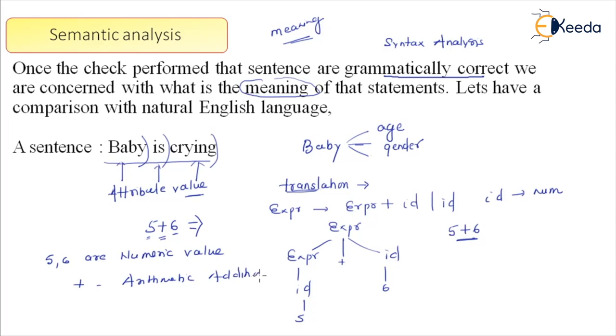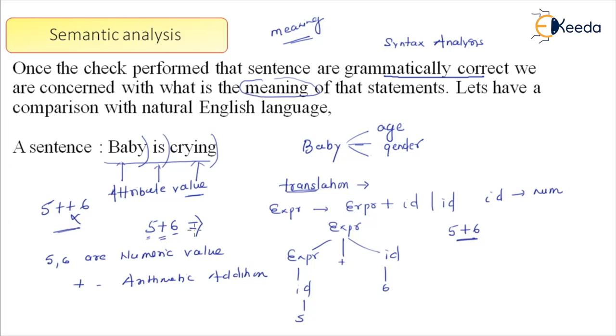This comes to your mind. Look at the difference between these two phases. One phase says only whether 5 plus 6 is a correct sentence or not. Suppose in arithmetic I say 5, plus, 6 treated like a mathematical statement. A malformed one is not syntactically correct, and I cannot translate it into anything in mathematics.